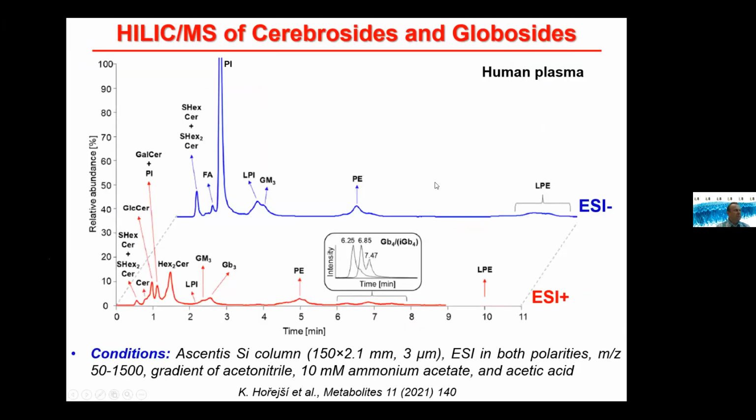The first example is shown here for cerebrosides and globosides analyzed in human plasma. The red record is positive ion mode and the blue one is negative ion mode. You see a couple of cerebroside classes and also some other sphingolipids and very polar phospholipids separated here. Of course, if you use convenient internal standards, they may be quantified as well.